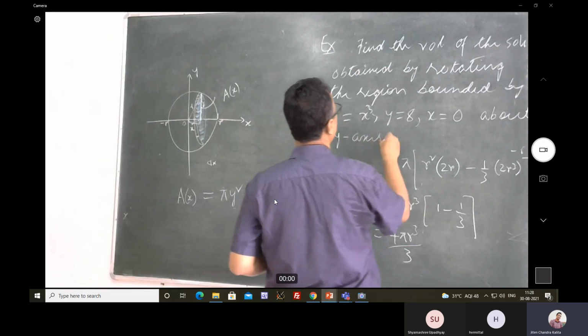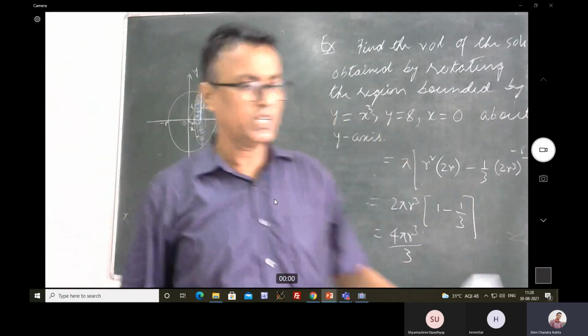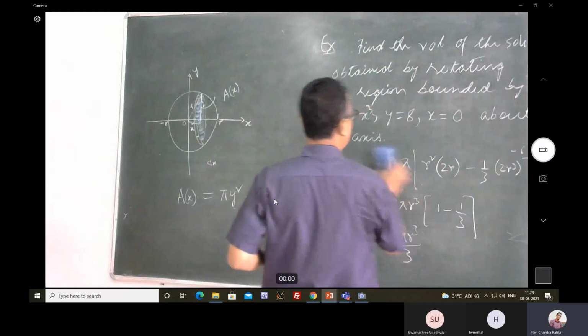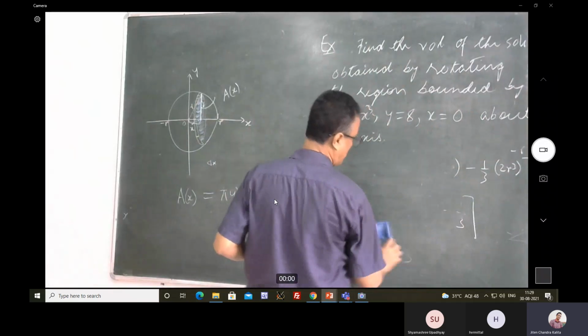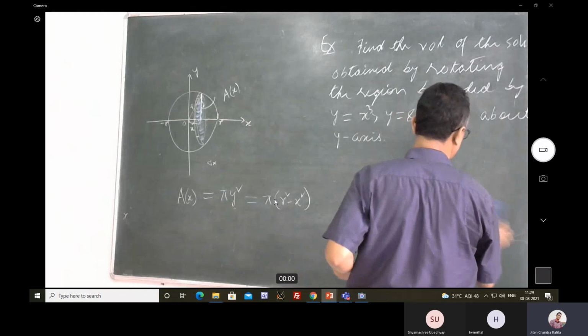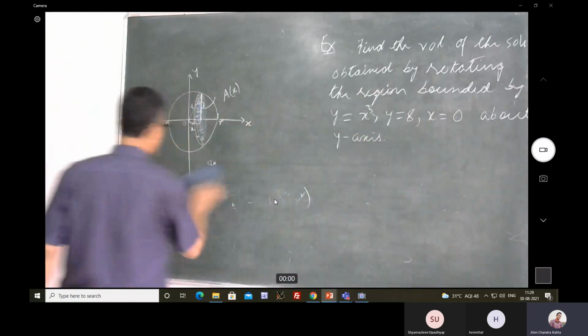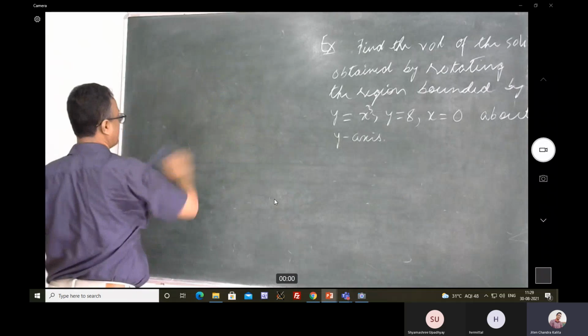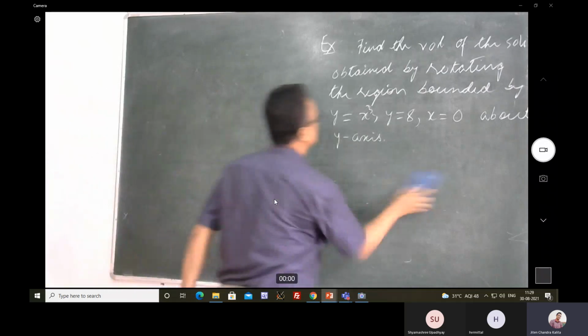About the y-axis. And always remember, even though you know the formula, whenever you are given a problem, particularly in multivariable calculus, you should try to visualize this scenario. That is going to make your life much easier.